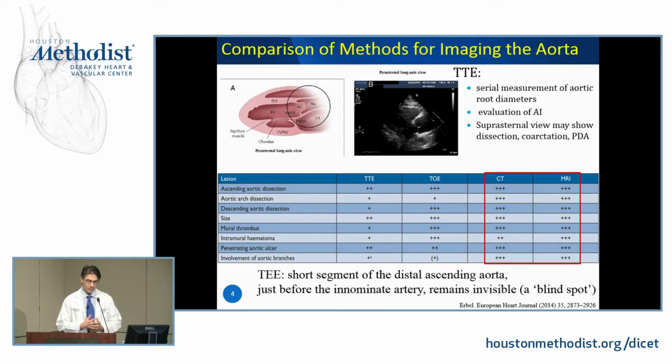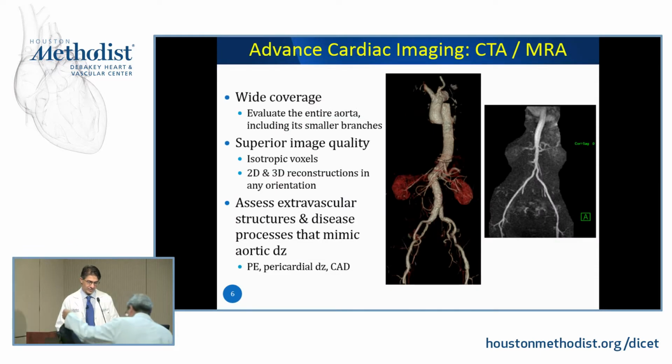Now, I'm going to be talking a lot about CT and MRI for the assessment of the aorta. And the reasons are because these techniques really, when it comes to evaluating the entire aorta, are the mainstay of evaluation. And there's many different reasons, and I hope to highlight them with the talk. But some of the things that you've already heard about, they've got very wide coverage, they've got excellent image quality.